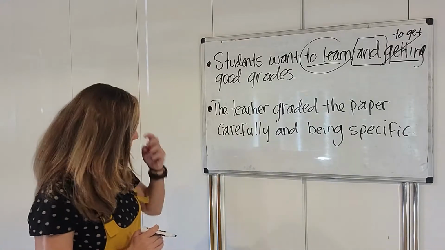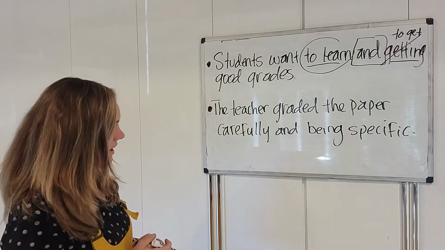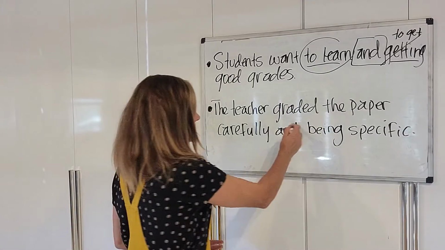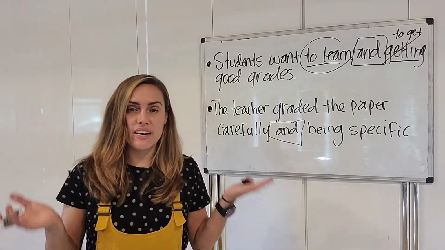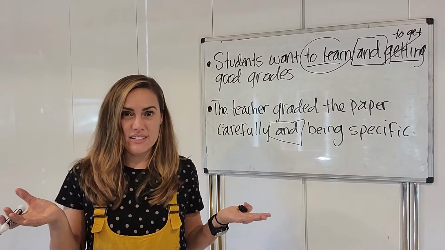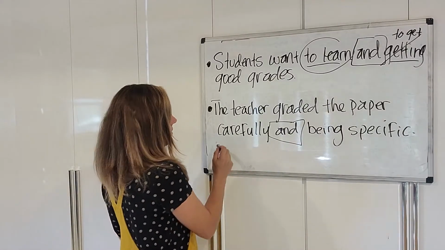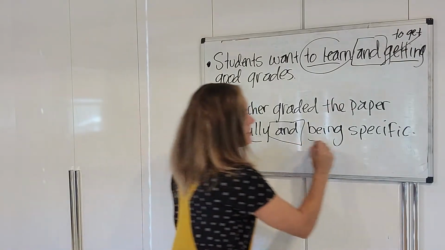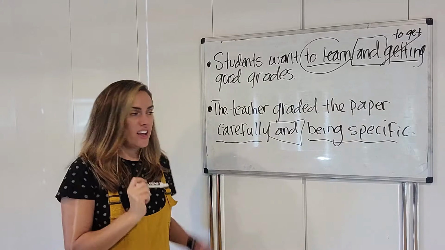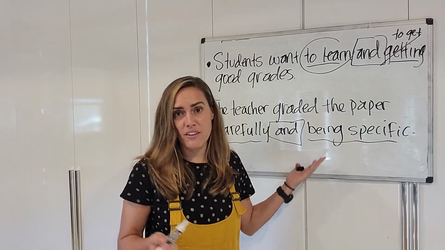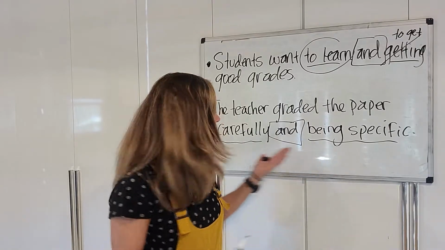Here's another example. The teacher graded the paper carefully and being specific. So you see, we have and again, combining two parts. Are those parts balanced? Let's look. Here we have an adverb, and over here we have a phrase, a gerund.